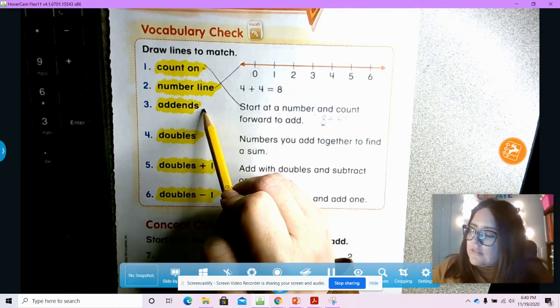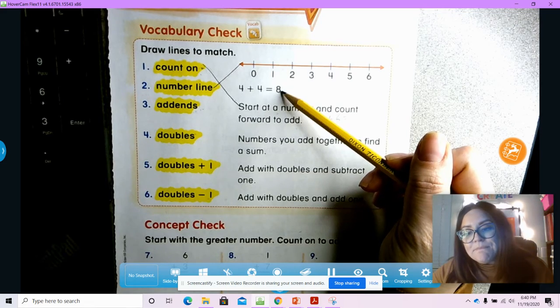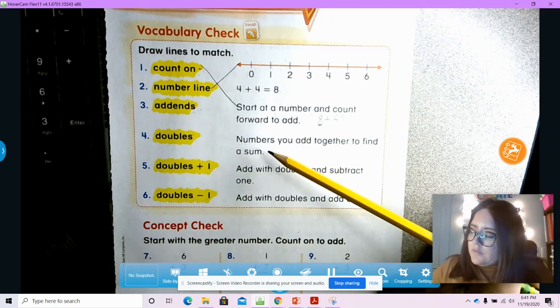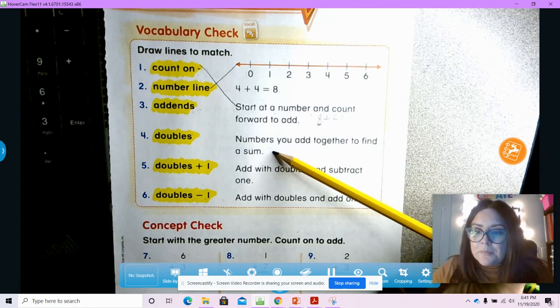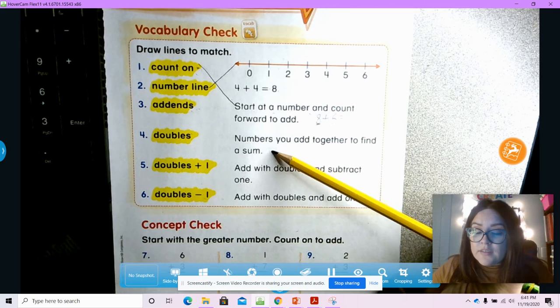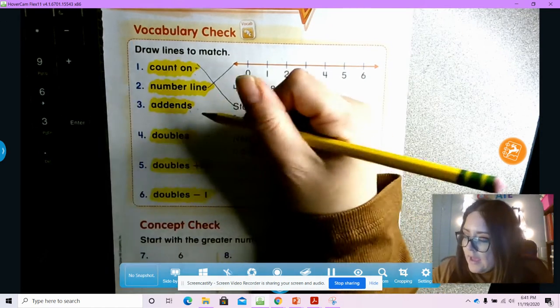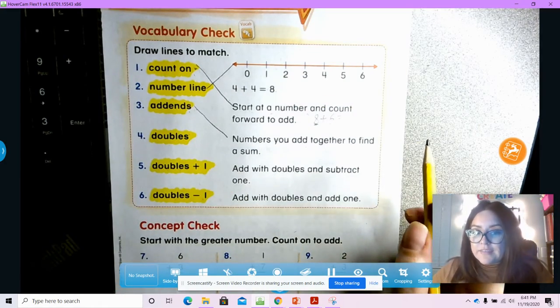Okay, add-ins. Are these add-ins? Maybe. We already used that one. Numbers you add together to find a sum. Are those add-ins? Add-ins are the numbers that we add together to find a sum.